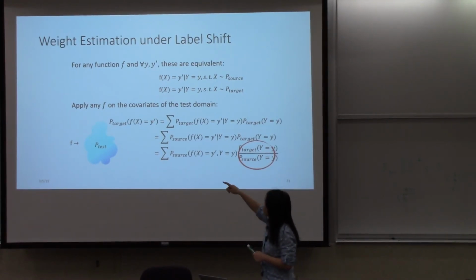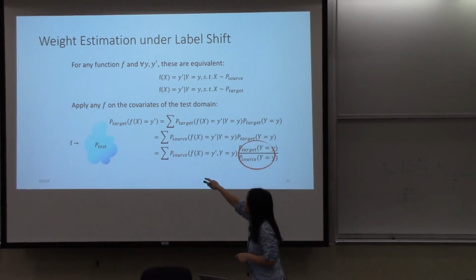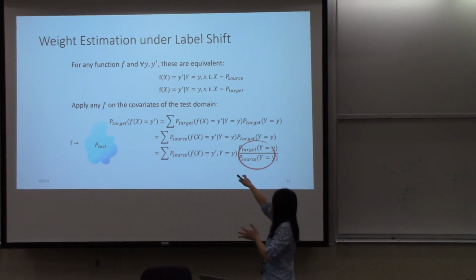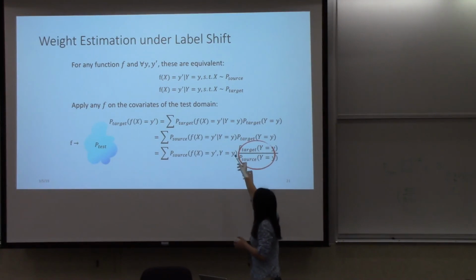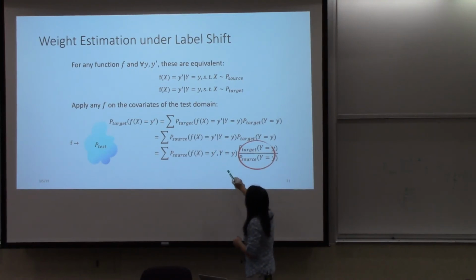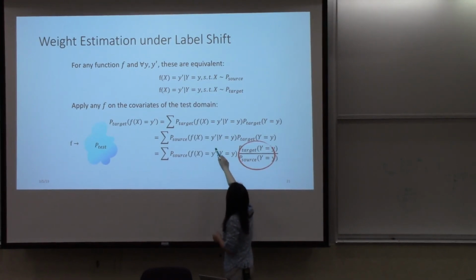Then we can do the derivation: in the target distribution, the probability that our predicted class is equal to one of the labels is equivalent to this. Then we can replace this part with this part, because we know they are the same according to the label shift assumption.